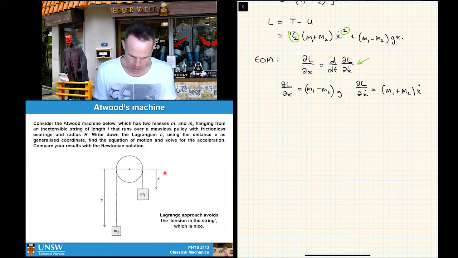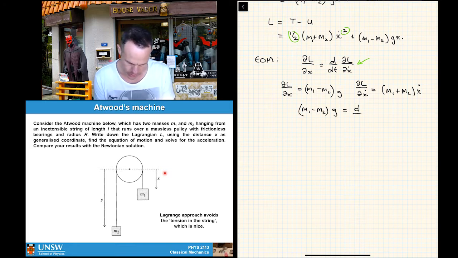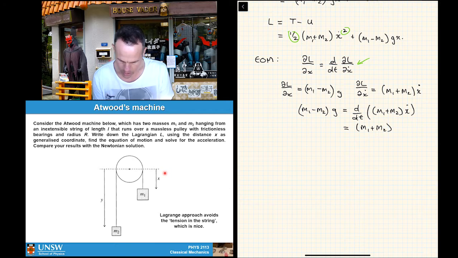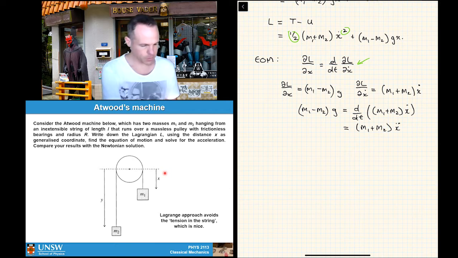And so what we're going to have here, if we build this all together, is m1 minus m2 g is equal to d/dt of m1 plus m2 x dot. And then, of course, the mass is not time dependent, so the only thing we have to take the derivative of here is x dot. So it's going to be m1 plus m2 x double dot.